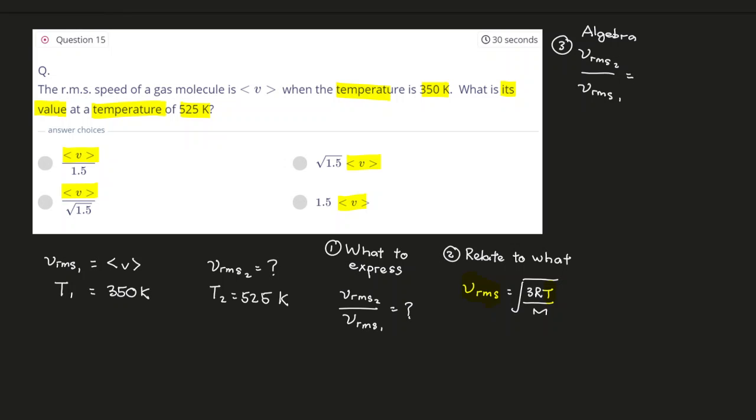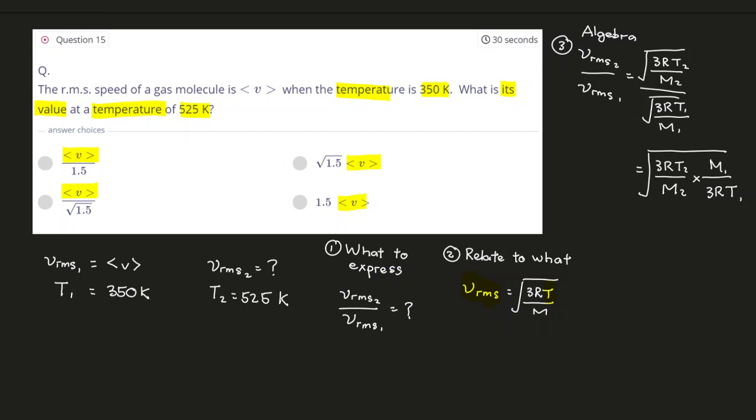So VRMS2, you can write it as 3RT over M, M should be capital M for molar, so this is situation 2, and divide by 3RT1 over molar mass 1. So if you do a bit of manipulation, it will be 3RT2 over M2 times M1 over 3RT1.